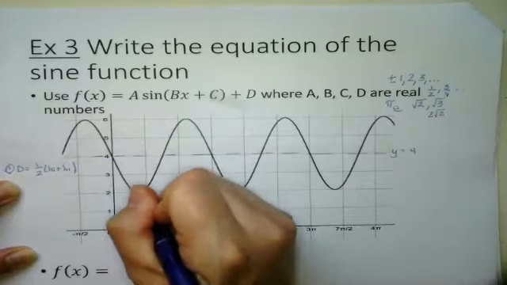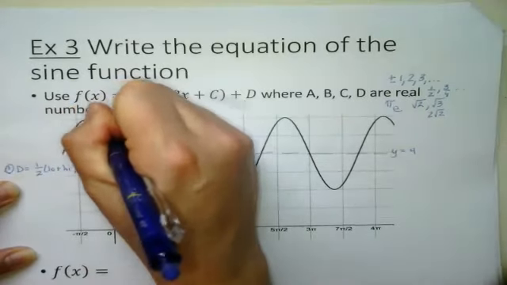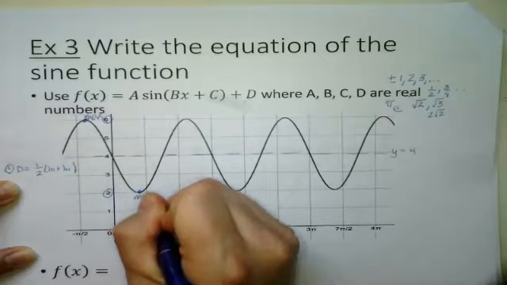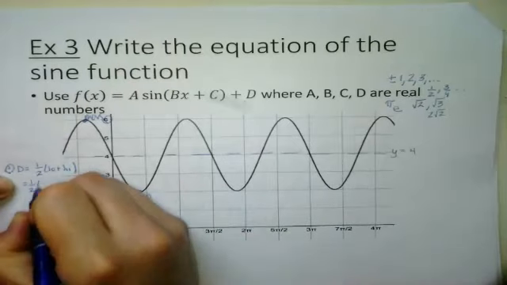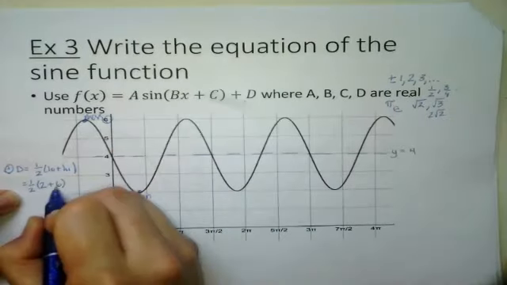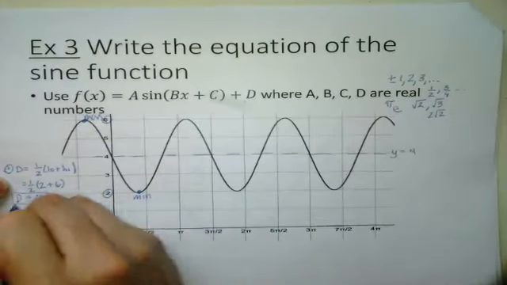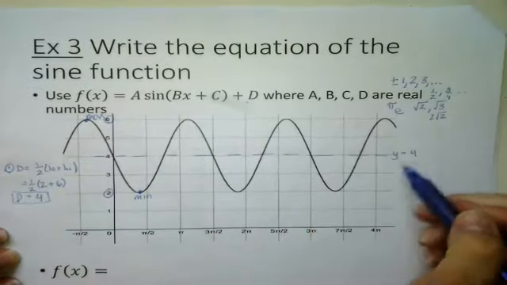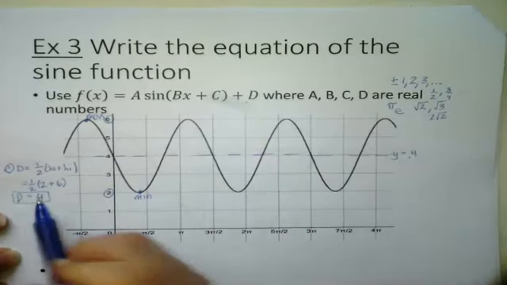Our lowest value minimum is at 2, and our maximum is at 6. So halfway between our low value and our high value, 2 plus 6 is 8. Half of that would be 4. So D equals 4. So whether or not you can see it really quickly, or if you want to calculate it, you have that option.